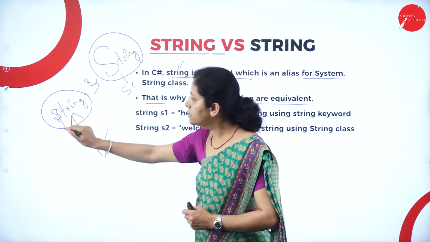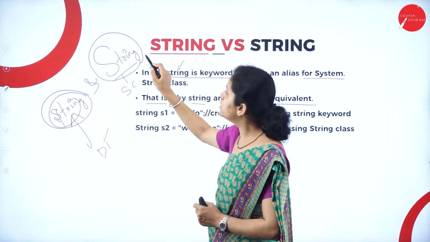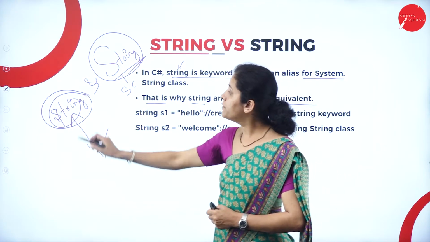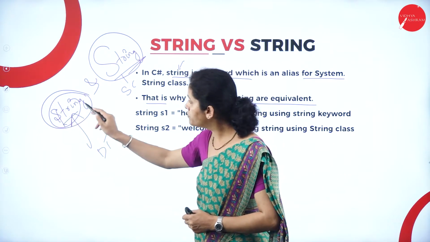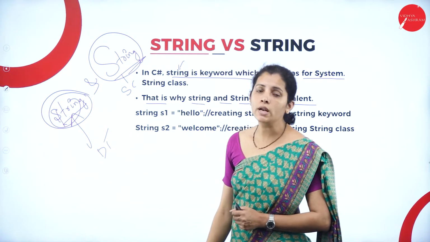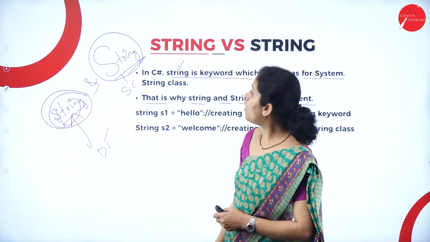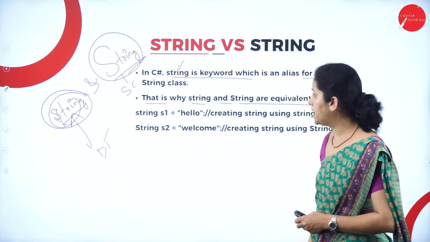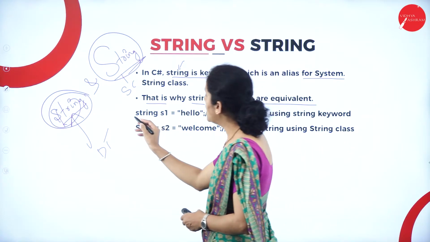So, if I write this string or if I use this String, both are the same, because this kind of usage is known as aliasing of the String class. So, both are equivalent.